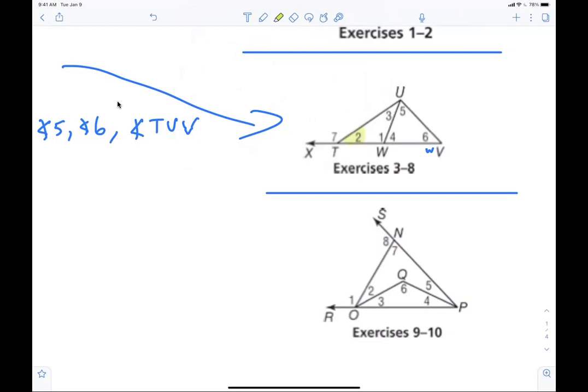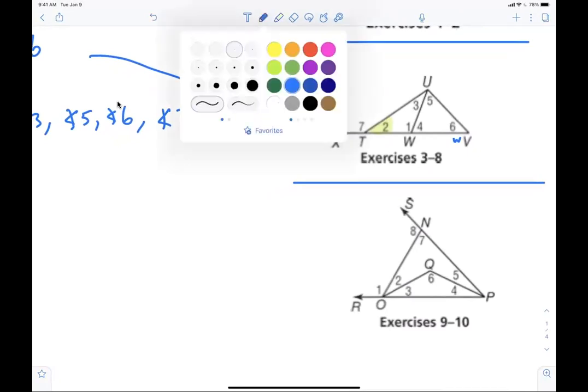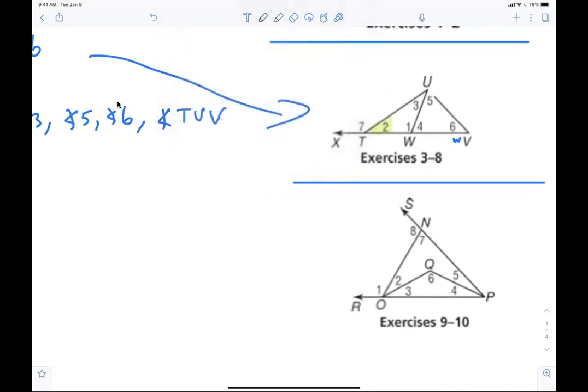So if that's a remote interior, then what's its exterior angle? Nope, 7 would be its supplement. Yes. You with me now, right? And why is that annoying? It's annoying because on your test, if you want, you could wipe this out and you can totally see it now, correct? Right, it's just the overlapping lines that cause problems.